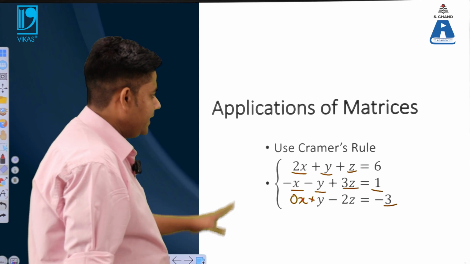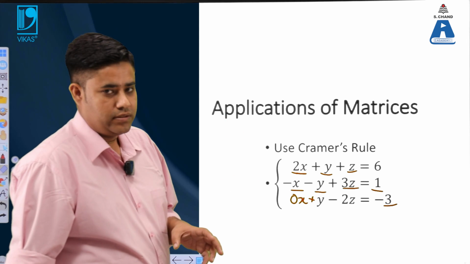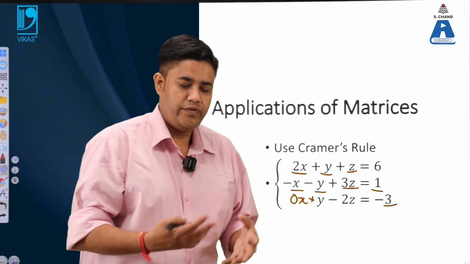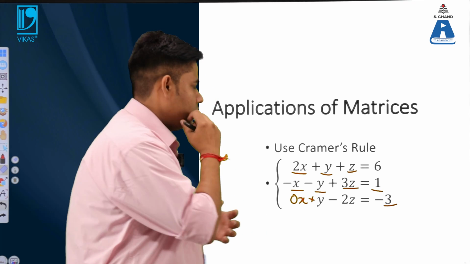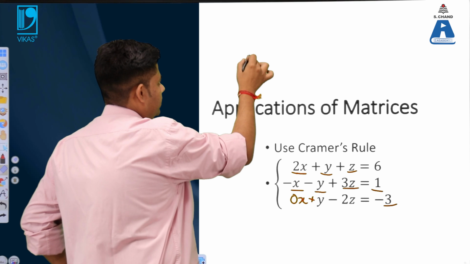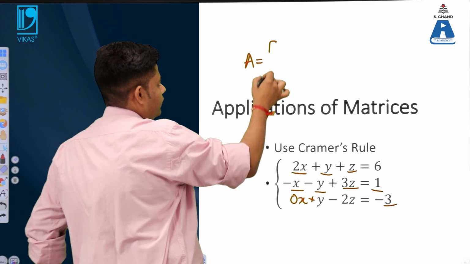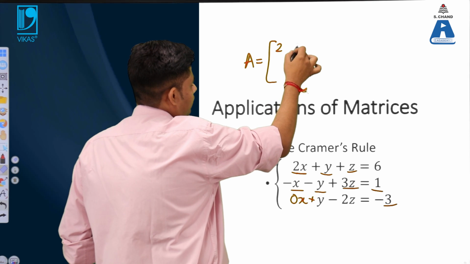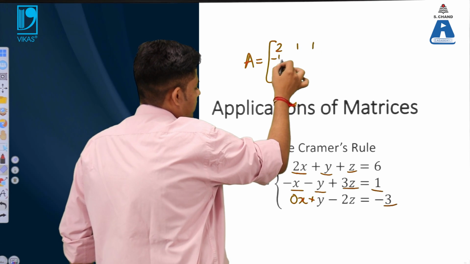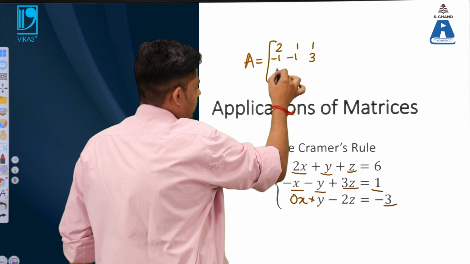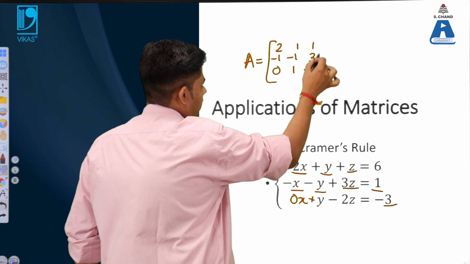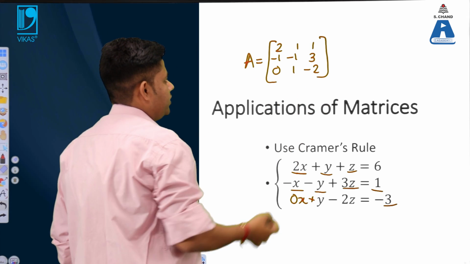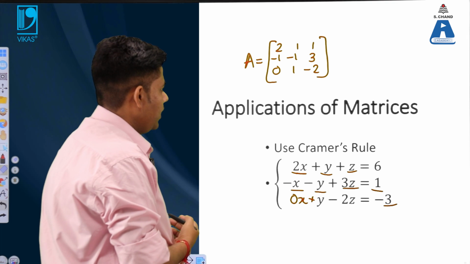We need to write the elements of the coefficient matrix initially. So the elements of the coefficient matrix, I can write in the form of a matrix of order 3 by 3. So I can write here 2, 1, 1, minus 1, 1, 3, and 0, 1, and minus 2. This is the coefficient matrix A.